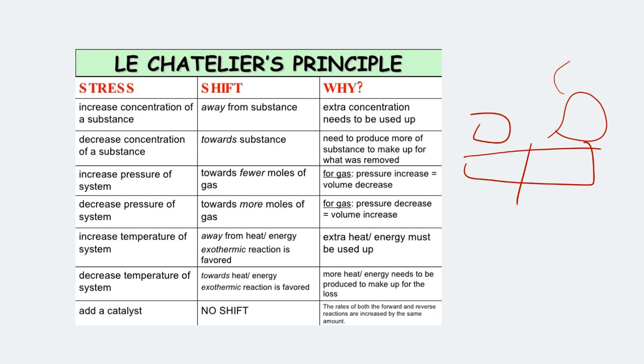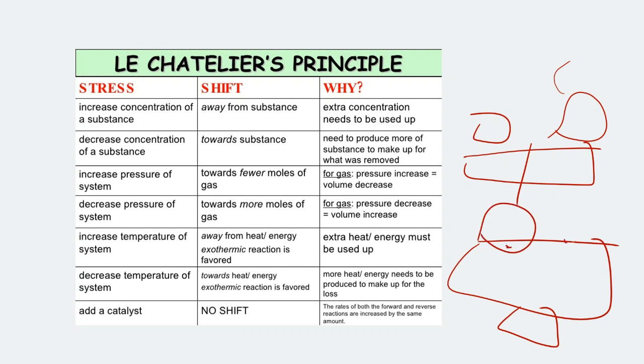Now, it's the same idea when you decrease the concentration of a substance, and the shift is towards the substance. Now, what's happening here is that you have a teeter-totter. You have one stuff in here, and you're taking away this one stuff that you have to level off the plank, right?